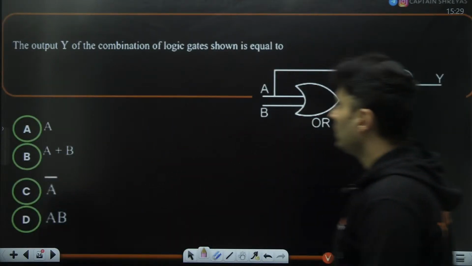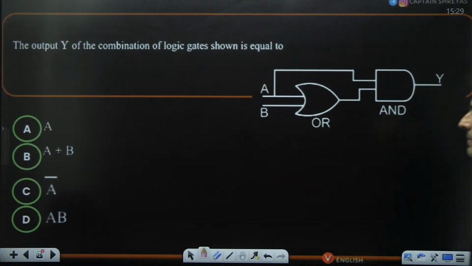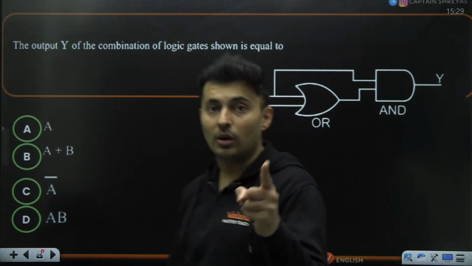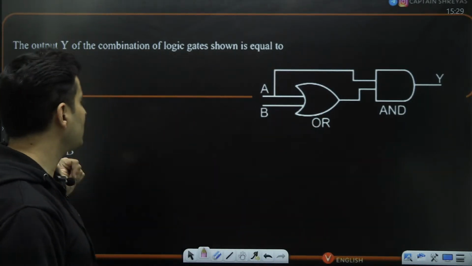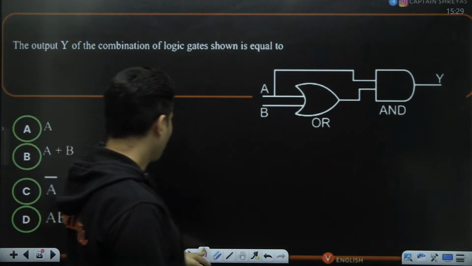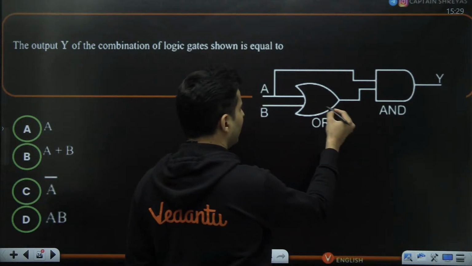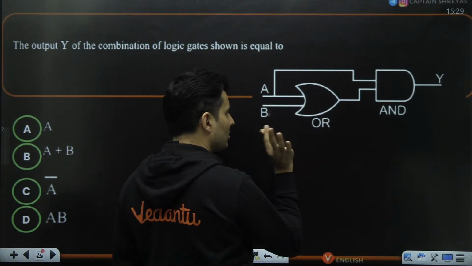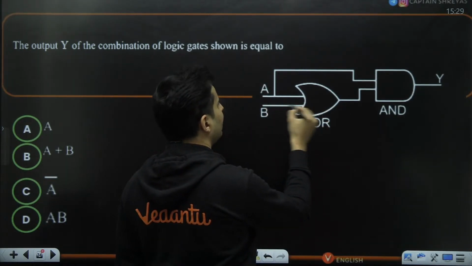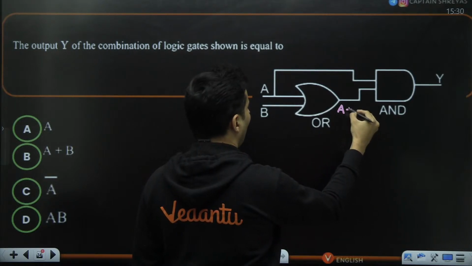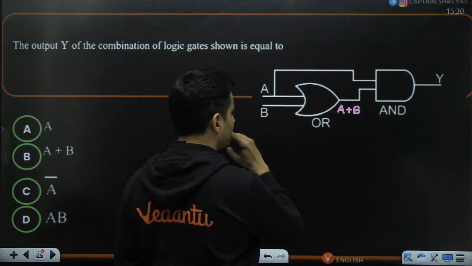Here it is. The output of the combination of these logic gates will be what? So let's think. First of all, this is an OR gate. Even if it was not mentioned, you should still be able to do it. This is A, this is B. So this is A or B. OR symbol is plus.